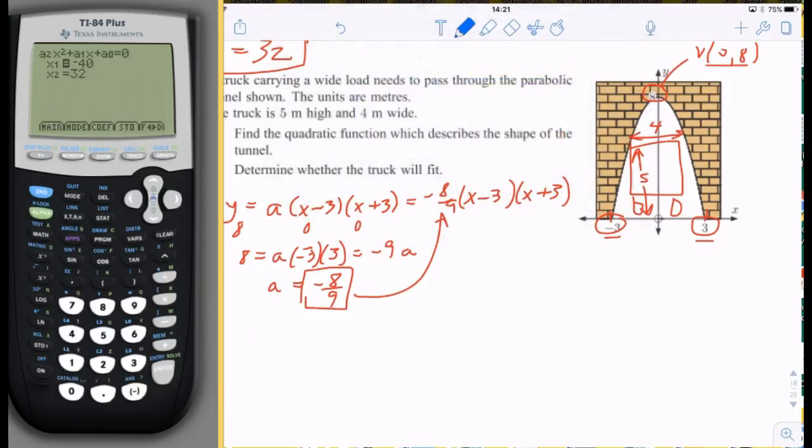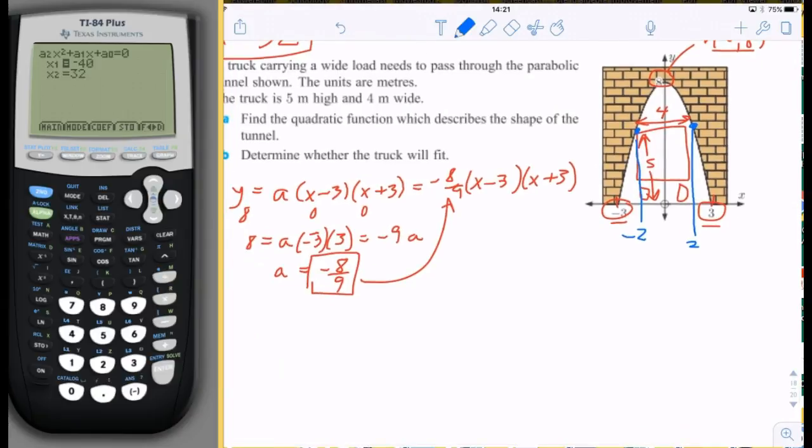To see if it will fit, we kind of need to figure out where these points are, okay, and hope that they're tall enough. On the x-coordinate for these points, we know that the truck is 4 wide. So one of the x-coordinates is +2, the other x-coordinate is -2. Let's plug in 2 into our equation and then see what we get.